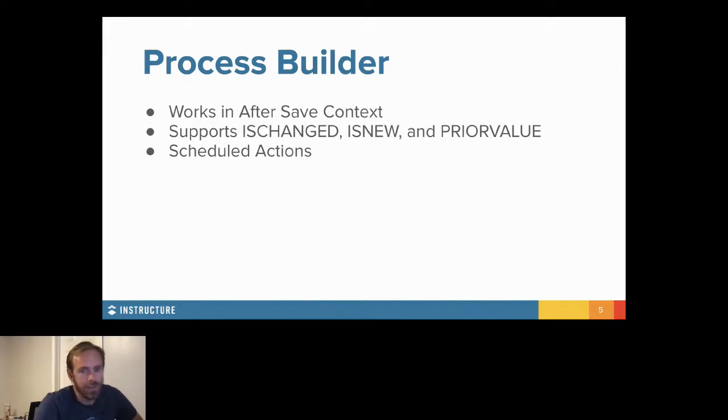Flow does not do that right now. There are some workarounds, and I'll talk a little bit about how you can do is changed and is new with some workarounds, but those are not available in Flow right now. So that's one of the reasons you might want to keep it.